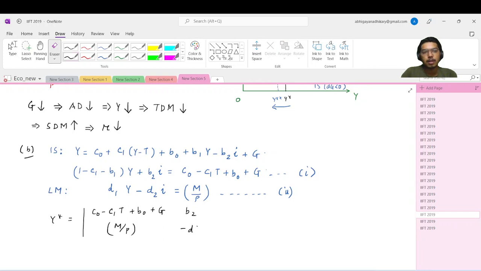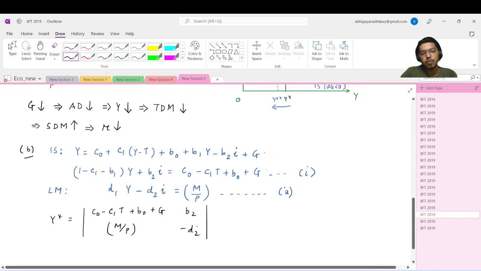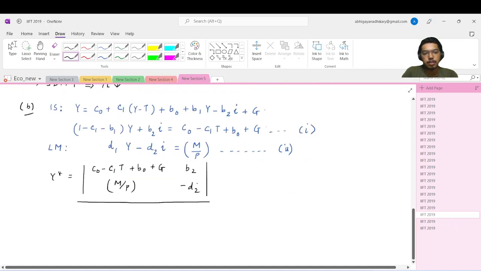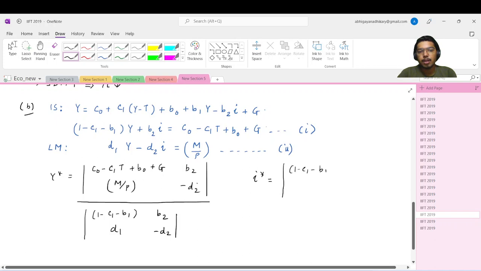Minus d2, whole divided by the coefficient determinant, 1 minus c1 minus b1, b2, d1, minus d2, and I star will be over here, 1 minus c1 minus b1, c0 minus c1t plus b0 plus g.